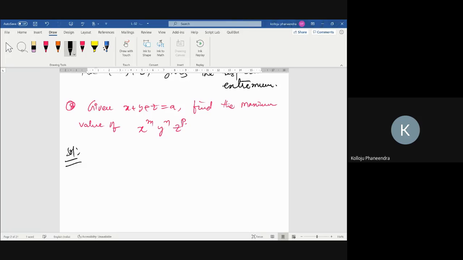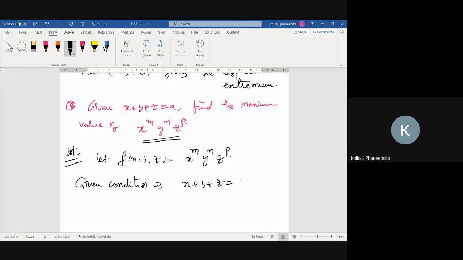Solution. Which function is to be maximized? This one. So first, let the function of 3 variables f of x, y, z equal x to the power of m, y to the power of n, z to the power of p. And what is the given condition which relates the variables?